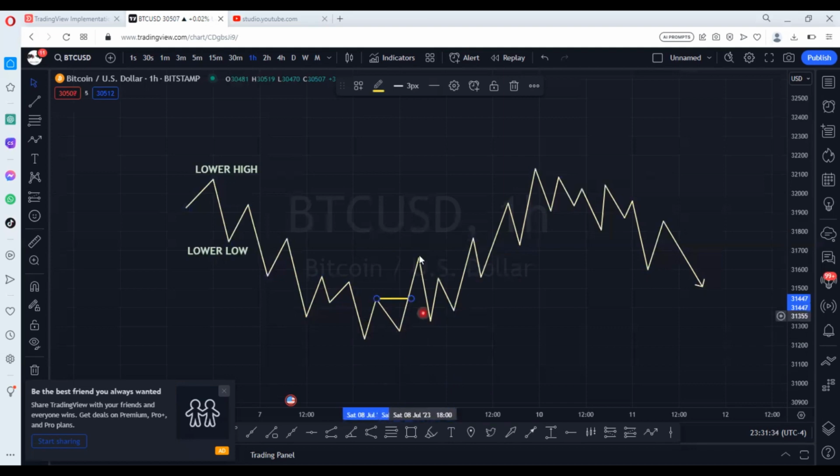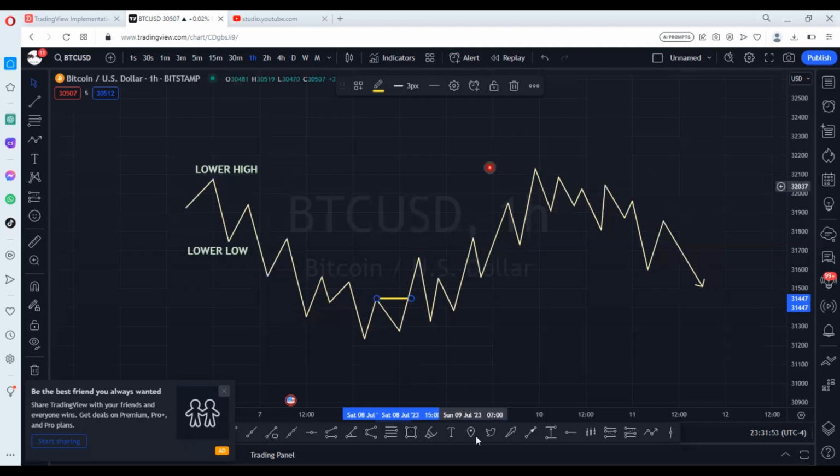So this is the low. You must see a retest. When you see a retest, the market must take out this high. That is where you call the next move higher high.